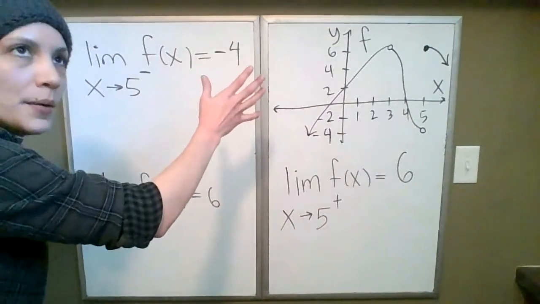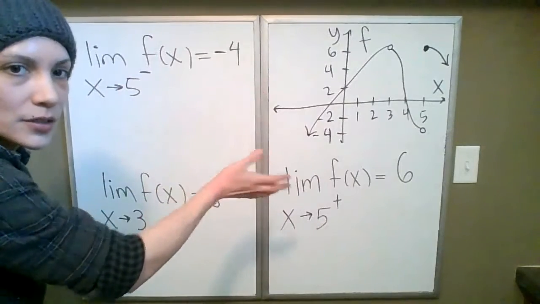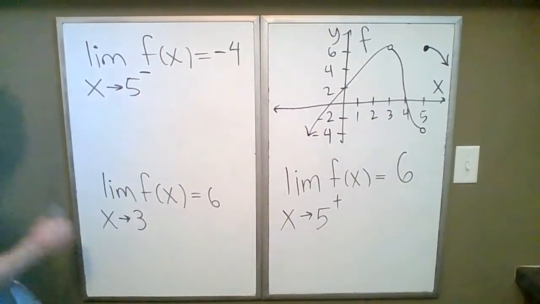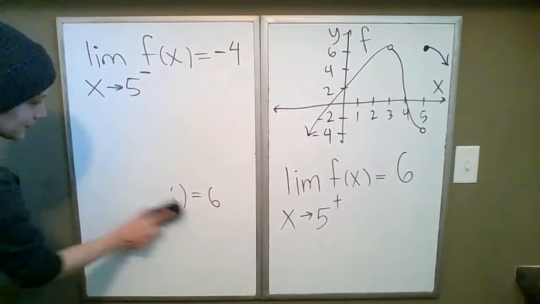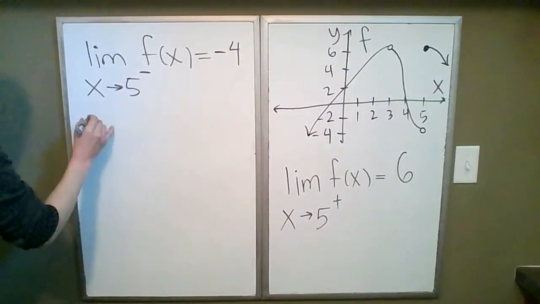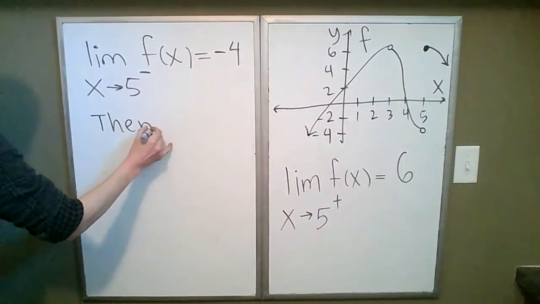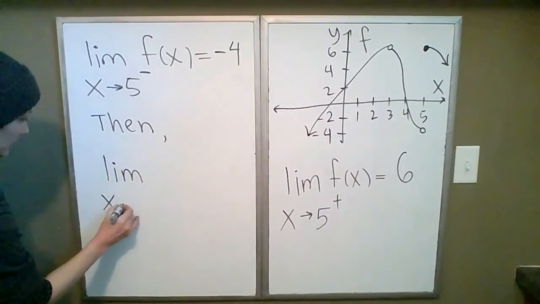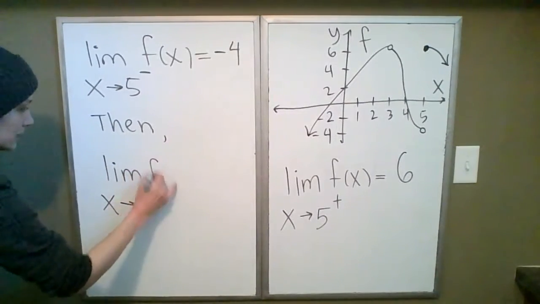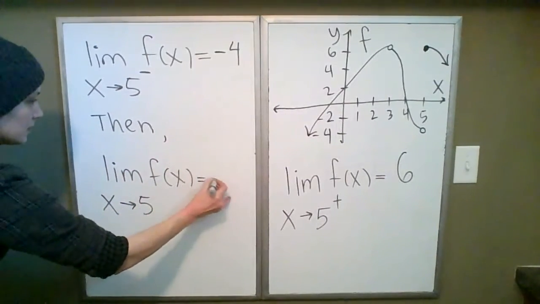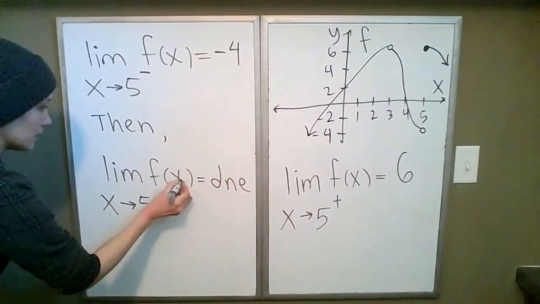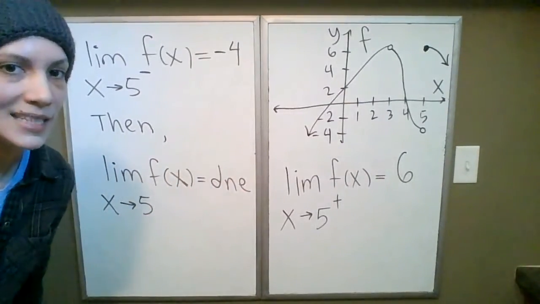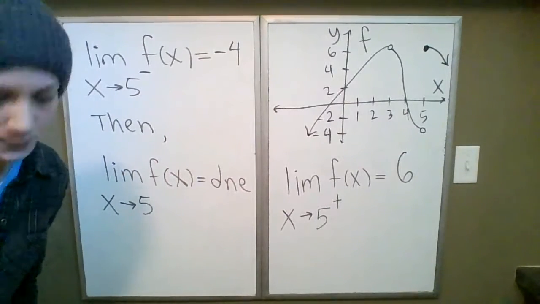It's this number, but they don't equal each other. So the limit as x approaches 5 from both sides does not exist. Again, DNE is does not exist.